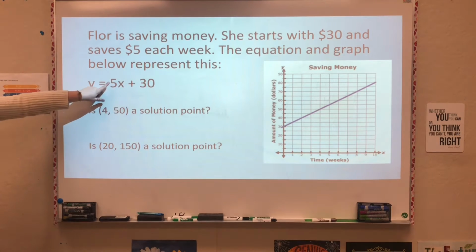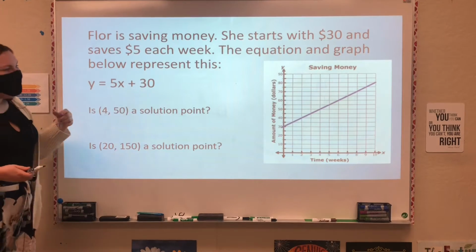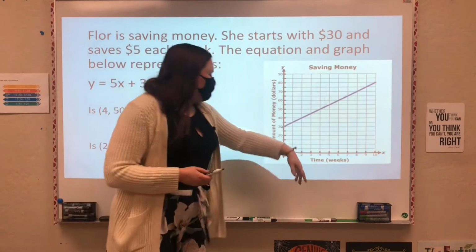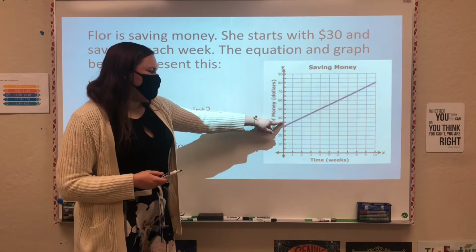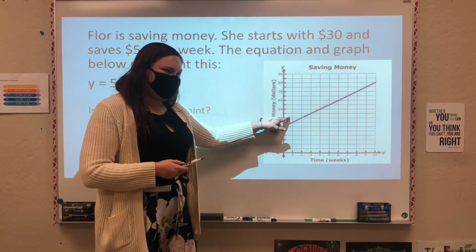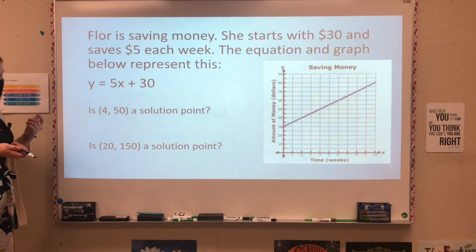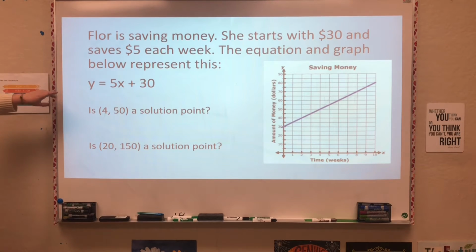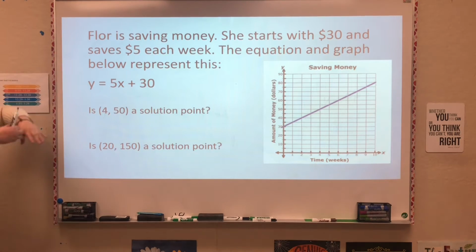So we've got the $5 each week plus the $30 she's starting off with. And then I've also already graphed it for you. So we've got it starting at $30 and she's saving $5 each week. This came from a problem you did back in Algebra 1A. What we're looking at today is this idea of what a solution point is. So I could give you all of this information and ask you, is the point (4, 50) a solution point?